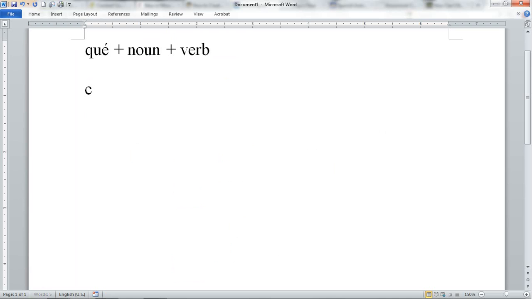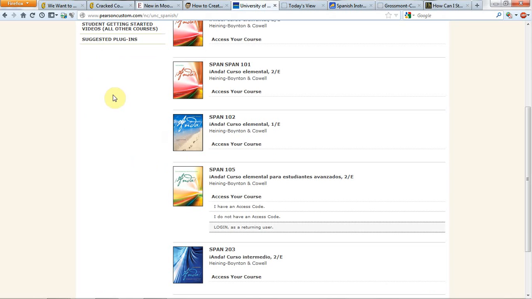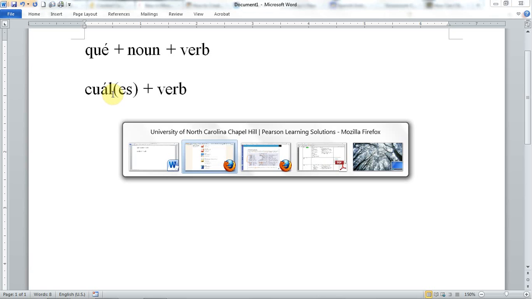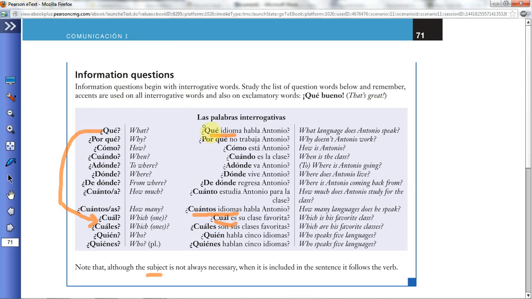But cuál is going to be plus a verb, not a noun. Cuál o cuáles plus a verb. You see that? Okay. ¿Qué idioma habla Antonio? ¿Cuál es su clase favorita? Okay? So that's one way you can separate them in your heads.